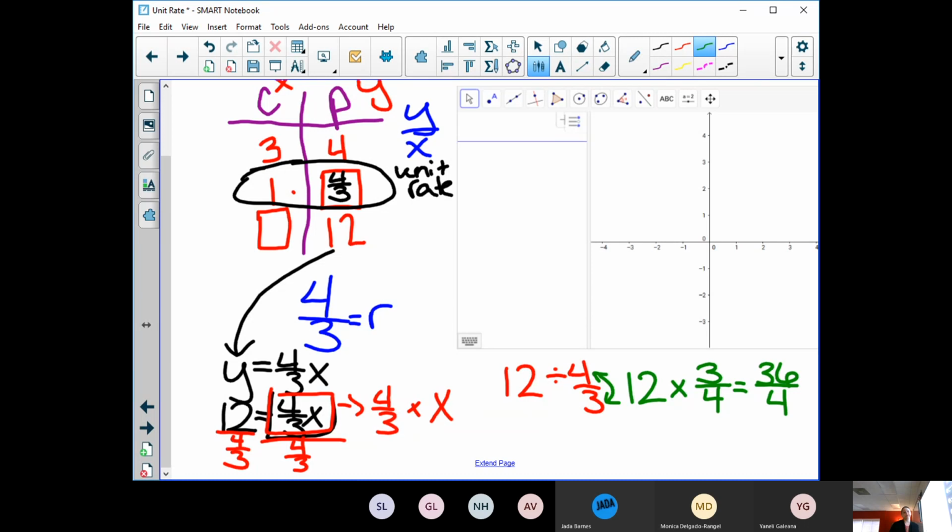And if I simplify that, 36/4 is what number? Nine. So to earn 12 points, I have to play 9 coins. Any questions about how I filled out the table?